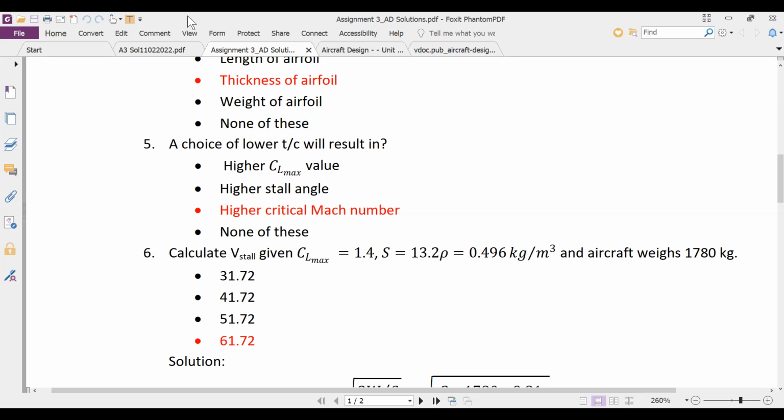Sir, the free stream speed at which the speed flowing over the airfoil reaches Mach 1, sir, is known as critical Mach number.